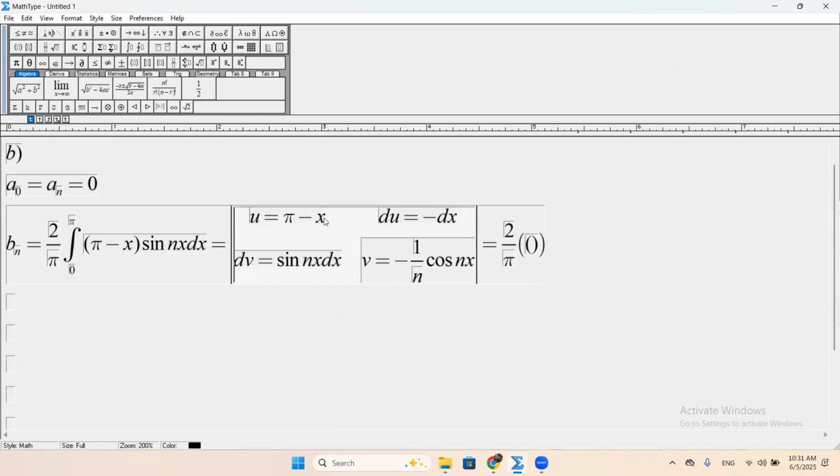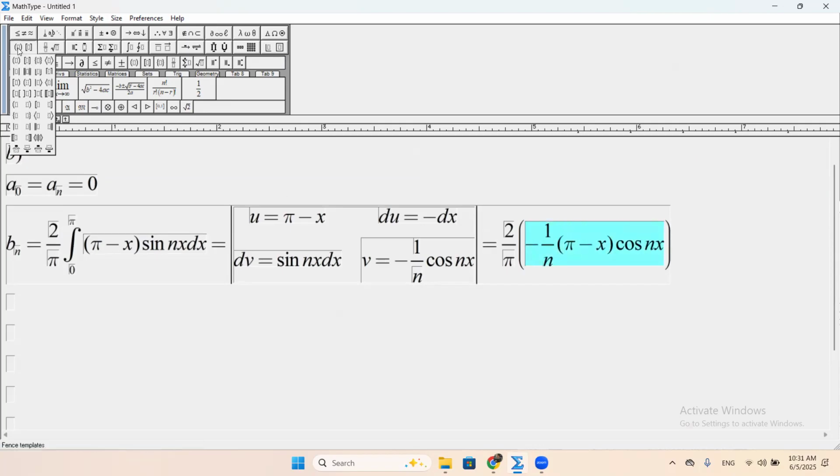So we received the following expression. First of all, multiplying u and v. Let's move p minus x here, and substitutions from 0 to p.